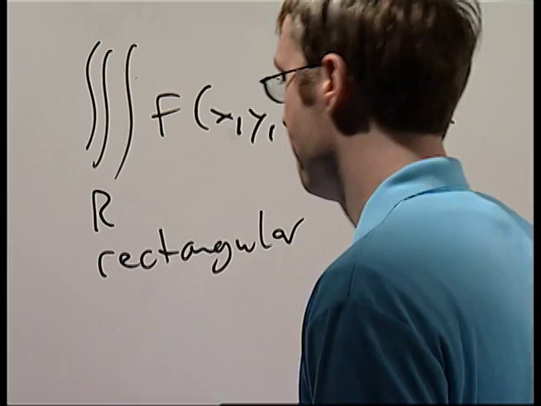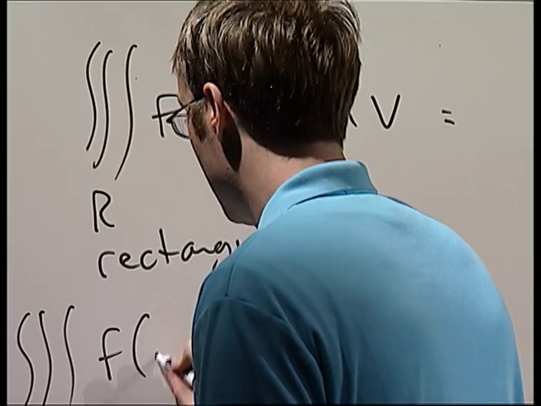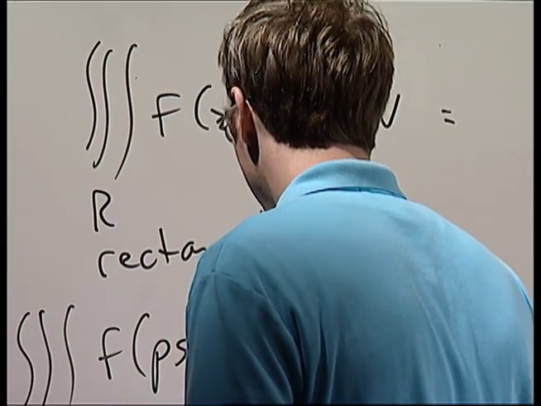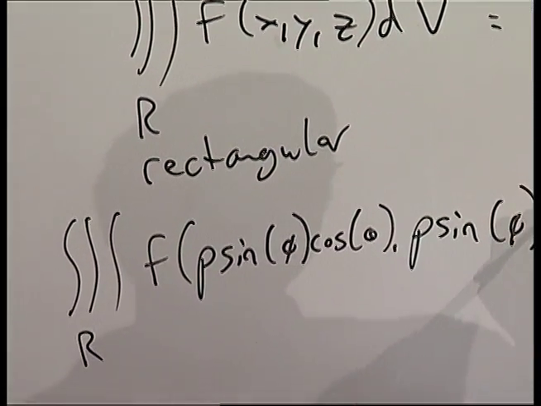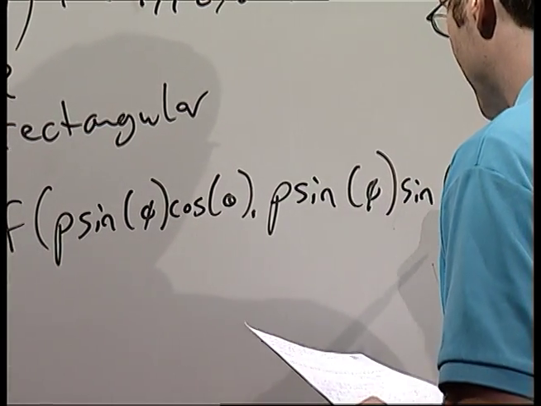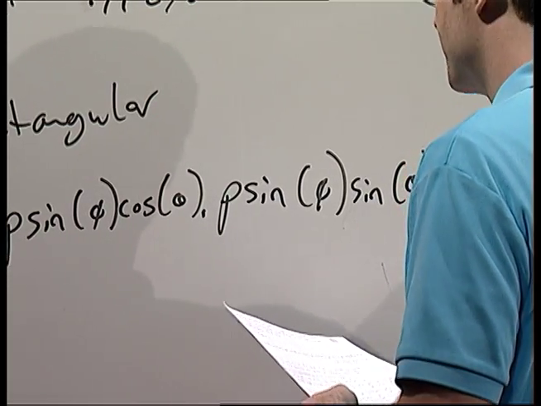How do you convert? Remember, x is rho sine phi cos theta. y is rho sine phi sine theta. z is rho cos phi.